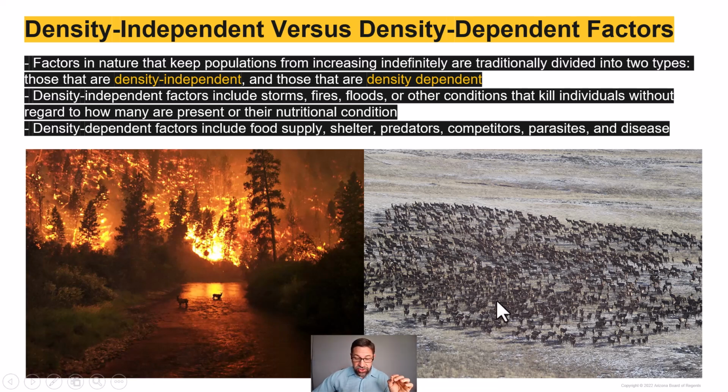Density-dependent factors are things like food supply, shelter, both of which are going to become scarce at high densities. Predators, which are more likely to switch their prey when their prey species reaches a higher density, and they're more likely to locate and capture them.